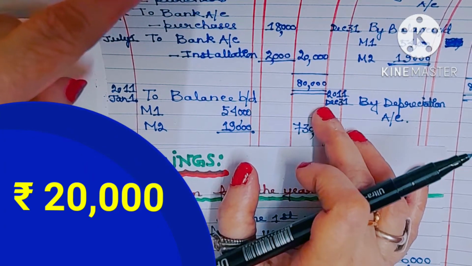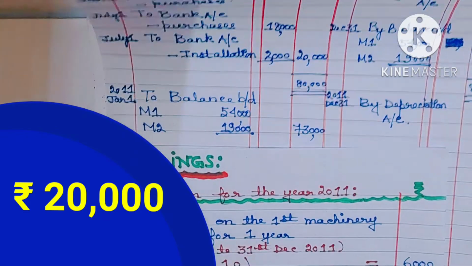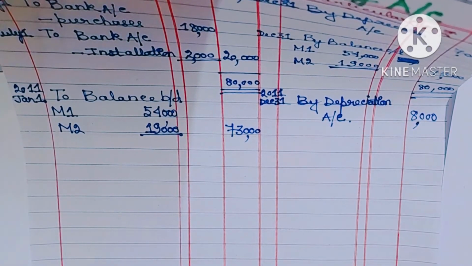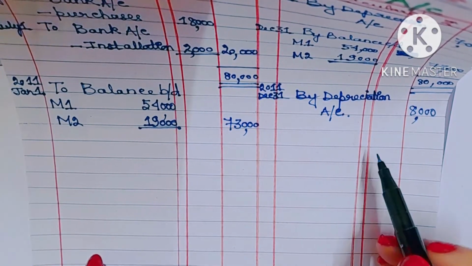Understood? So let's write the total depreciation. The total depreciation will be 8,000. So the depreciation for 2011 is 8,000.